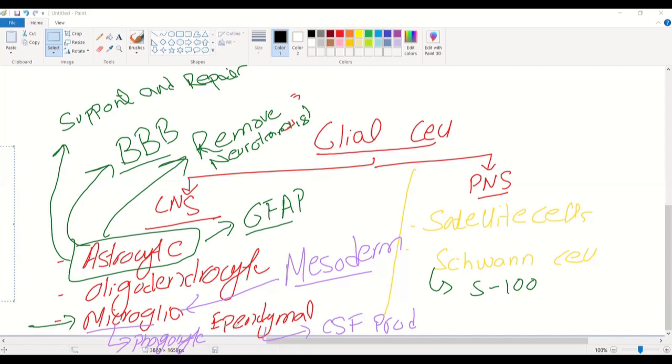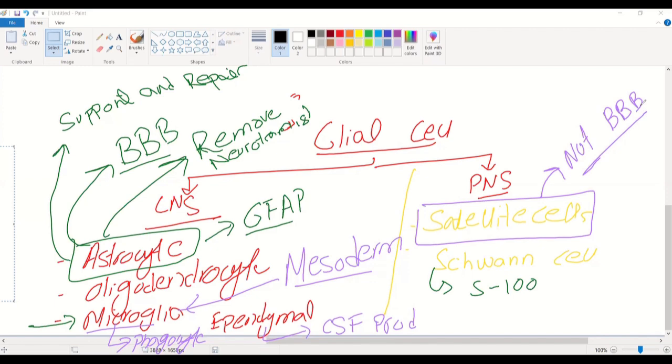These ependymal cells line the ventricle. Satellite cells have a similar function to the astrocytes, but they are not a part of the blood-brain barrier, right? We already discussed the Schwann cells.